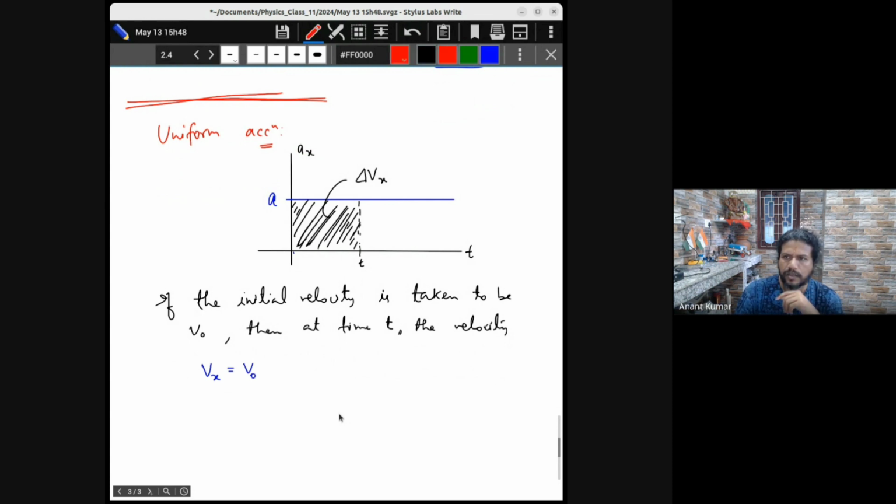Because it is simply a rectangle, the change is nothing but a into t. Therefore, we could write V naught plus at. This is a very similar, familiar result that we must have seen. This is similar to V equal to U plus at equation. The same equation, I'm just using different variables or different symbols, that's it. That's my first equation.